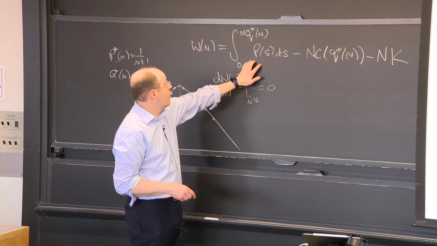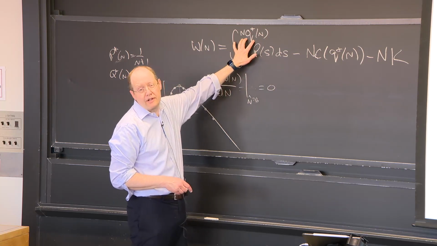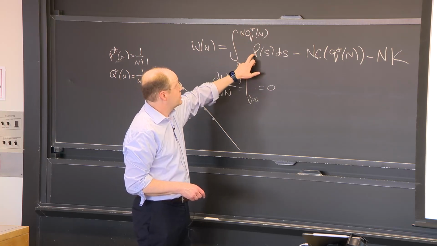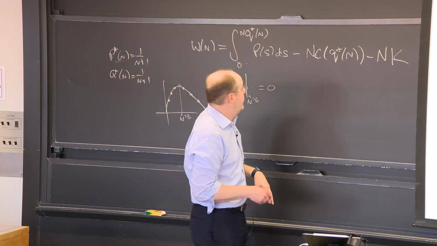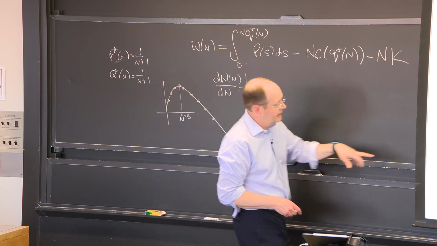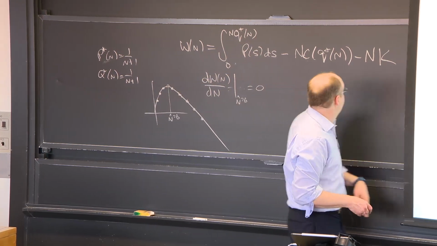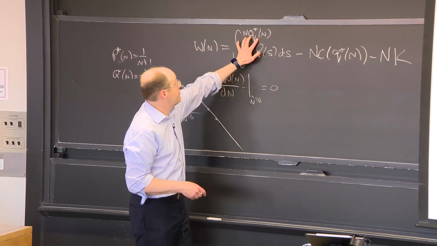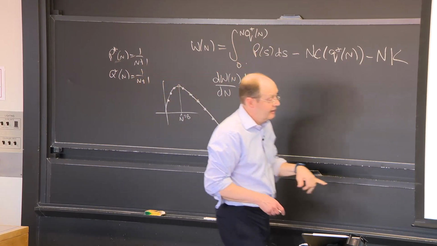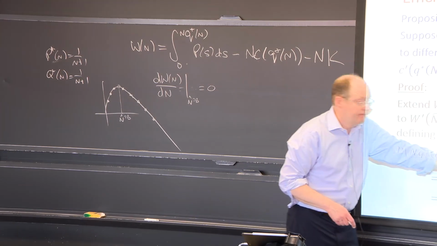The first term only depends on n through the upper limit of integration. So the derivative of this with respect to n is just the value of this evaluated at n q star of n, p of n q star of n, times the amount by which the upper limit moves when n changes. So the derivative of this with respect to n is what I wrote down here.